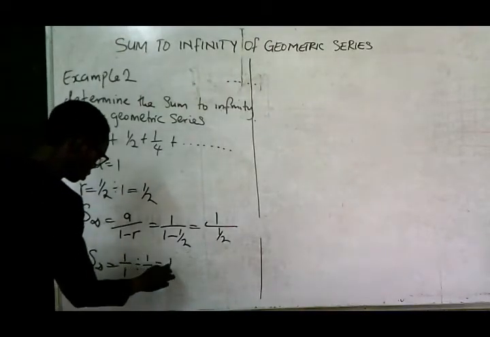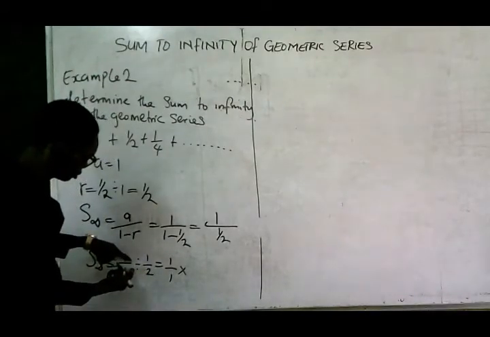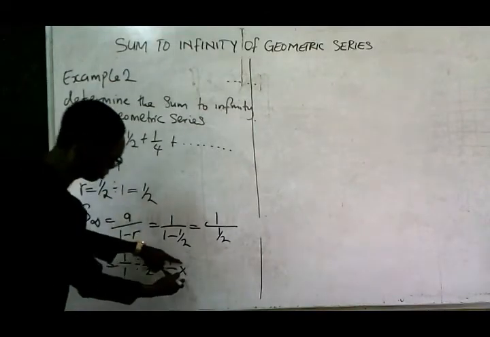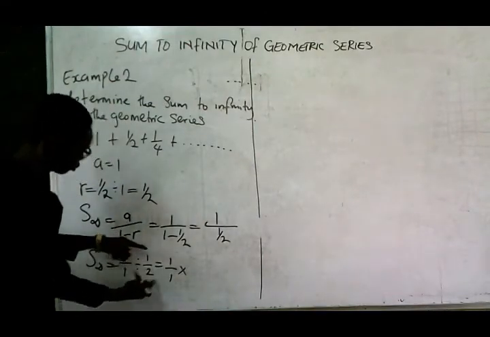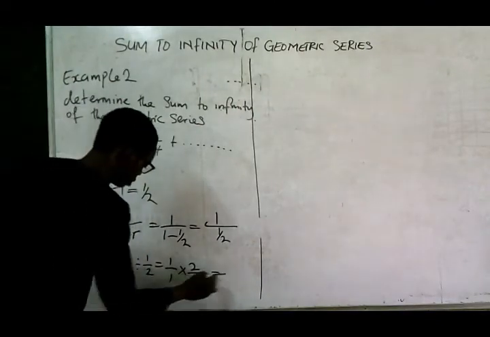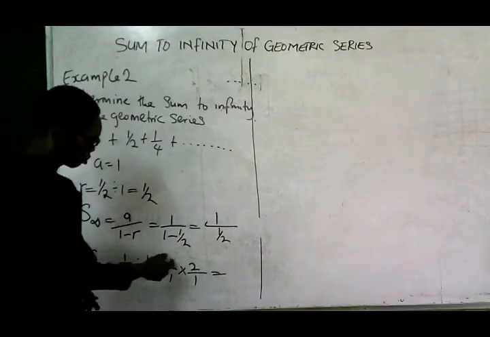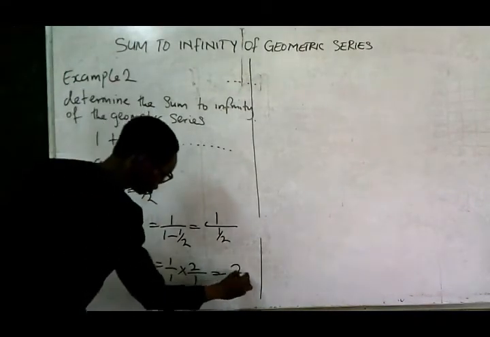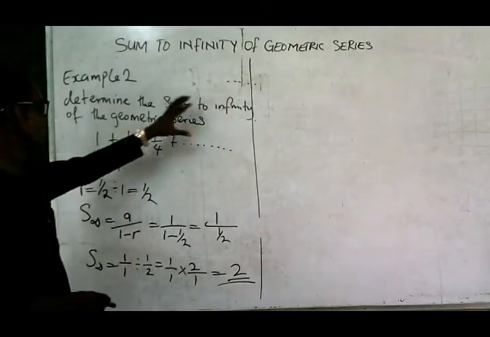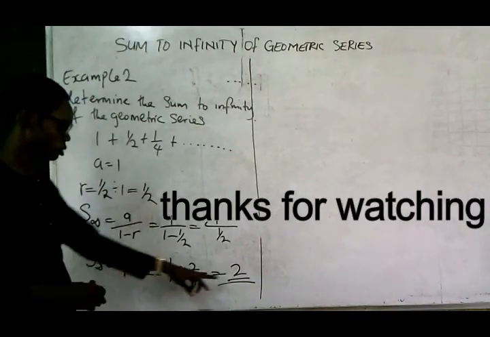Changing the division sign to multiplication sign, we invert 1 over 2 and now have 2 over 1. Therefore, 1 over 1 times 2 over 1, the final answer is 2. So the sum to infinity of this geometric series is 2.